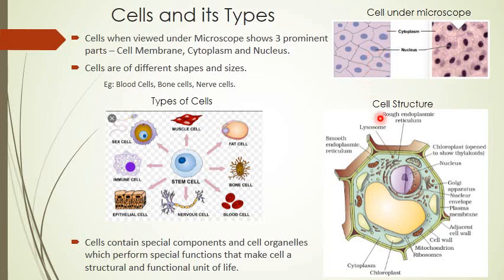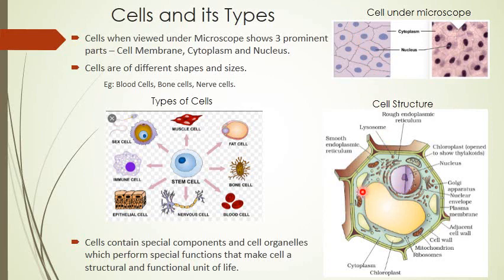Whereas when observed under the electron microscope, it gives a still more detailed study, a still larger view. When viewed, one such cell looks like this, with so many things. So the cell not only contains the cytoplasm, nucleus and cell membrane, it also has so many things inside when viewed under the electron microscope.